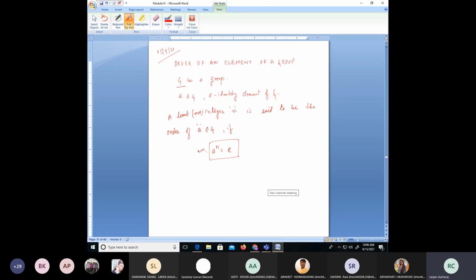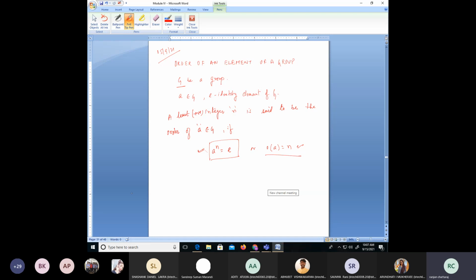It is denoted by order of A is equal to n. This is the notation, and this is the definition.